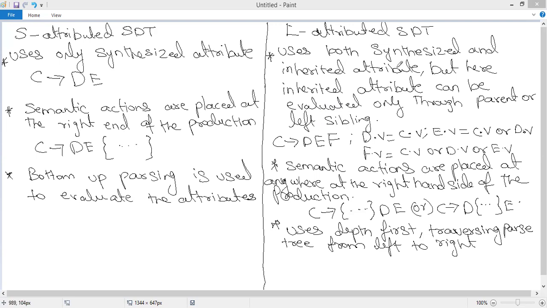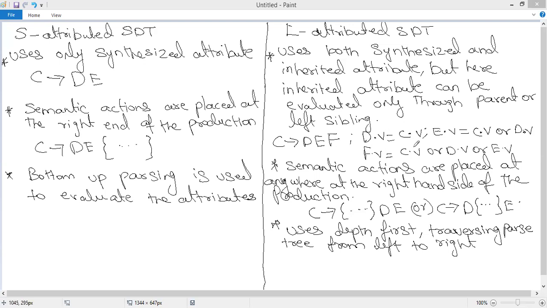For example, we take this production rule C tends to D, E, F. If you want to evaluate the value of D dot V, that is the D attribute, it can be evaluated with the help of the parent node, that is C dot V, and there is no left sibling, so we cannot evaluate it with the right siblings E and F, as per the rule of the inherited attribute.